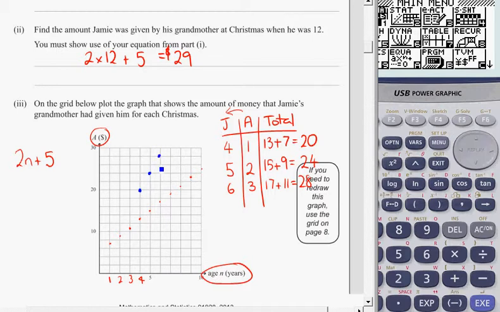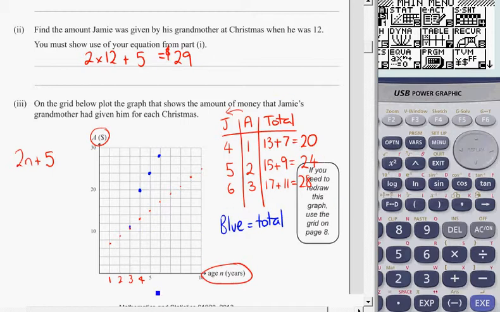And then we're off the graph. So we need to make sure that someone knows the blue equals the total. We might want to think about when Jamie was 3, Anna would have been 0, so it would just be Jamie's one, the 3 there. So that's the extra that they would have given.